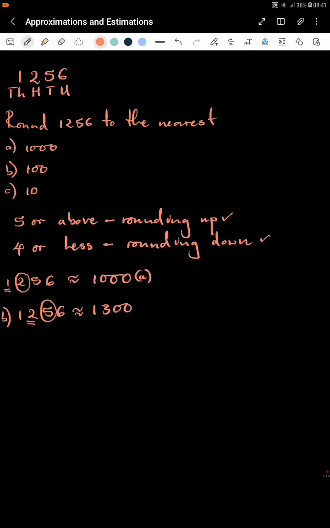1300. In part C, we are rounding that same number 1256 to the nearest 10. So you're rounding off to the nearest 10, and 5 is the one that is under tens.